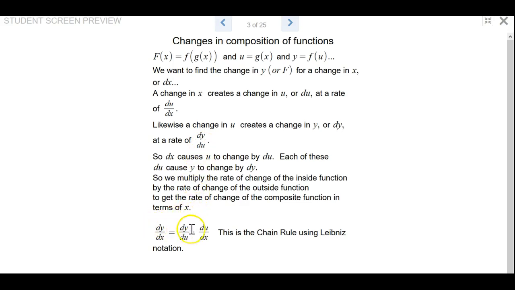And that's what the chain rule is. So dy/dx equals dy/du times du/dx. In other words, for each change in x that affects my inside function u, that's going to cause a change that affects my outside function y. And that's dy/dx.